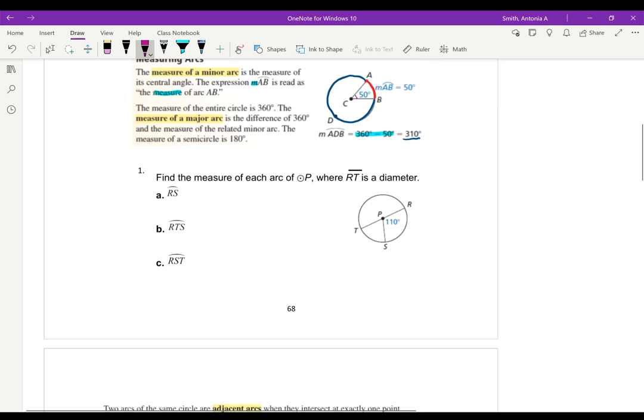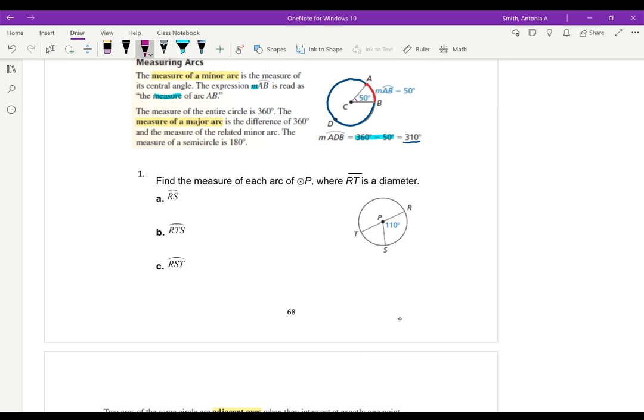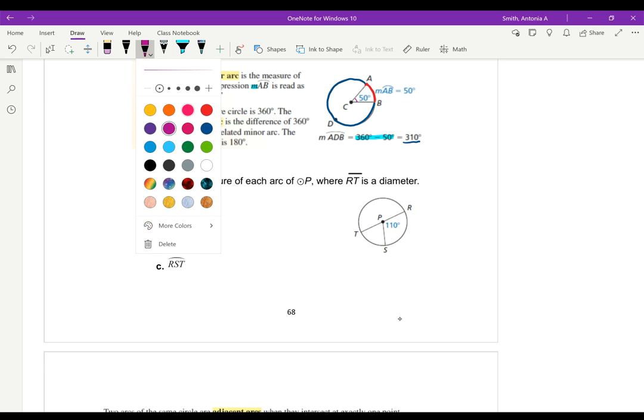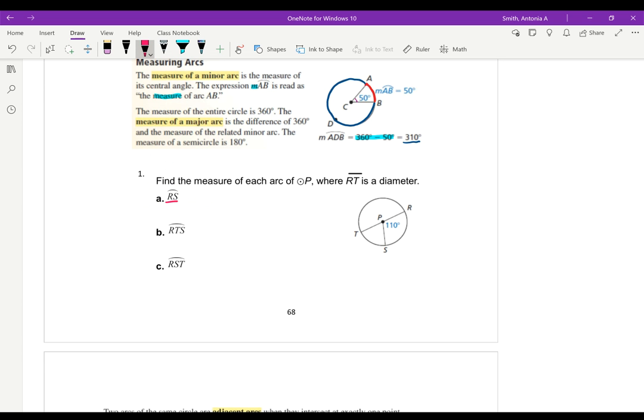So let's practice finding some. So let's find the measure of each arc of circle P, where RT is a diameter. Okay. If RT is a diameter, it means it's cutting our circle in half, which tells us a little bit about how many degrees are in some of these pieces. But it wants us to find first the measure of arc RS. So I'm going to use some different colors here to represent those. So let's find RS.